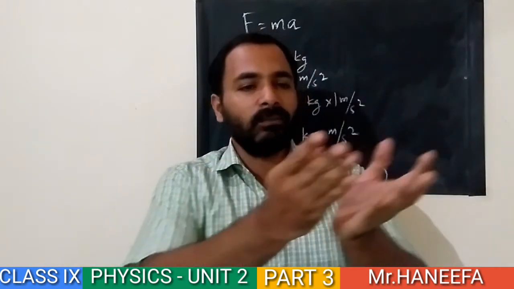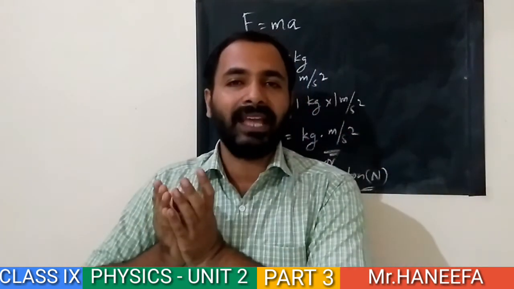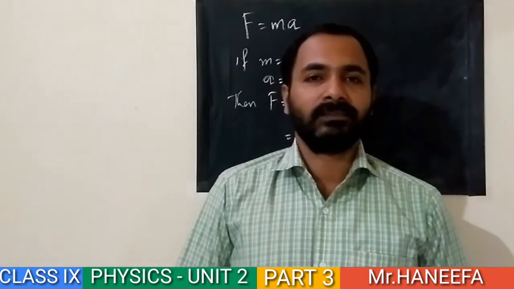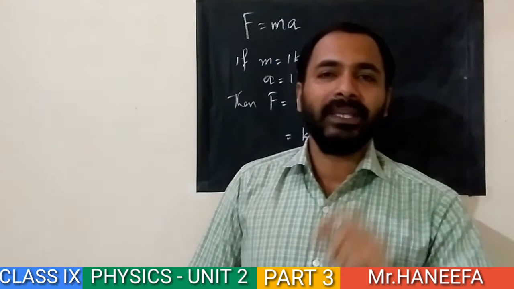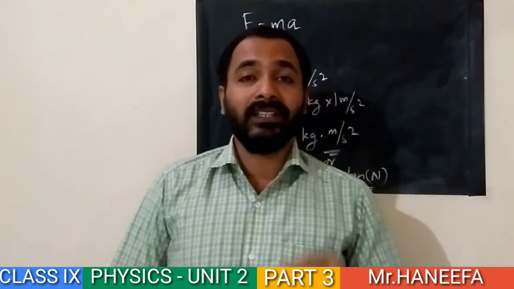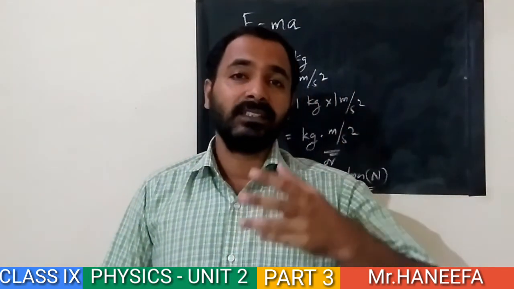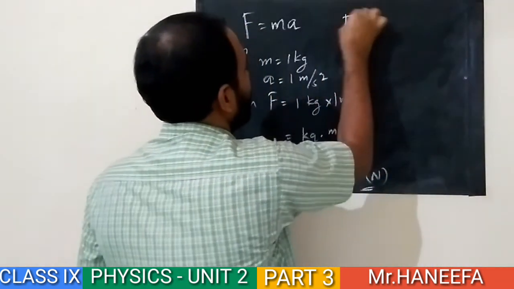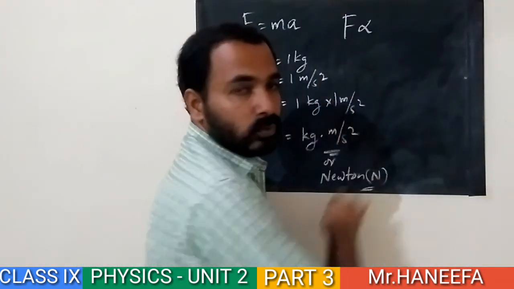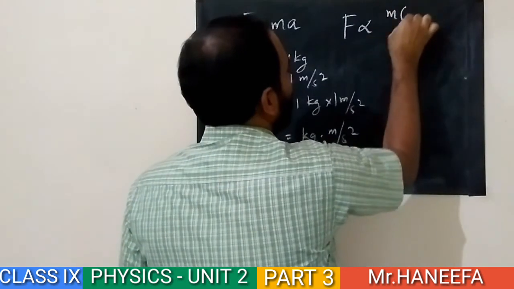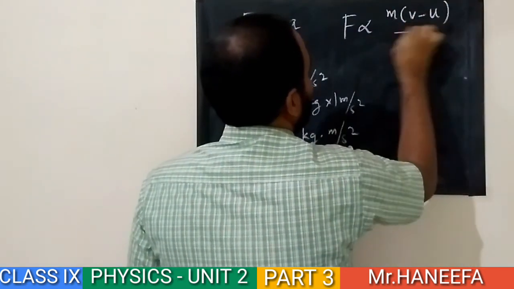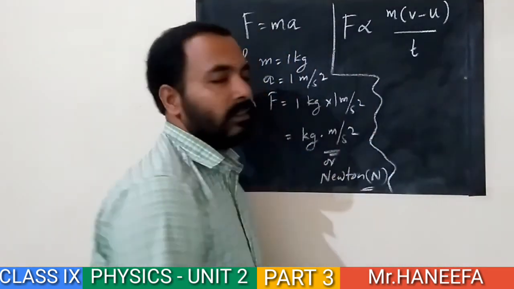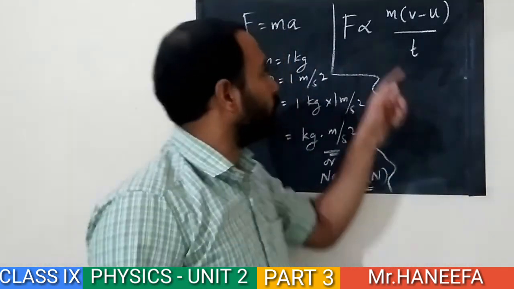Okay. When we move our hands backwards, what happens? The time of stopping increases. When the stopping time increases, force decreases. We know F proportional to m into (v minus u) by t. This is Newton's second law of motion.